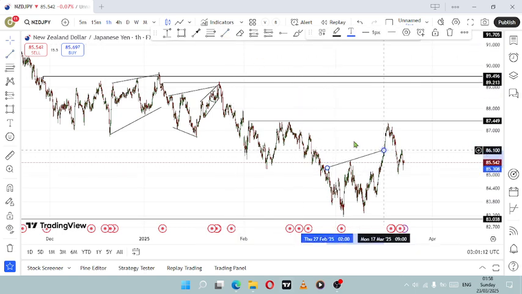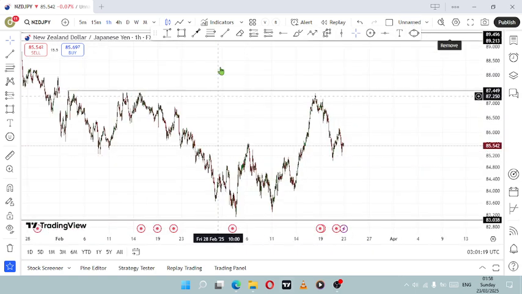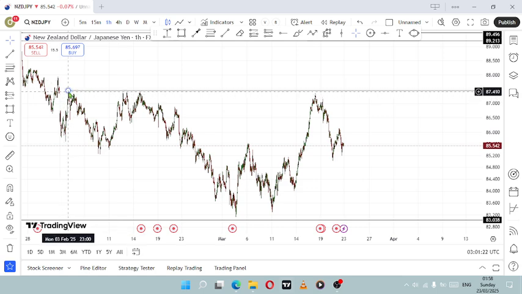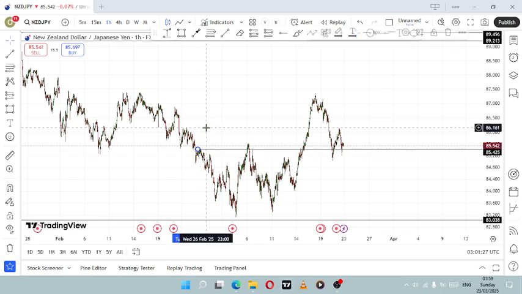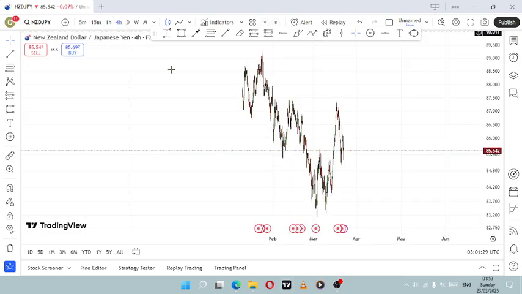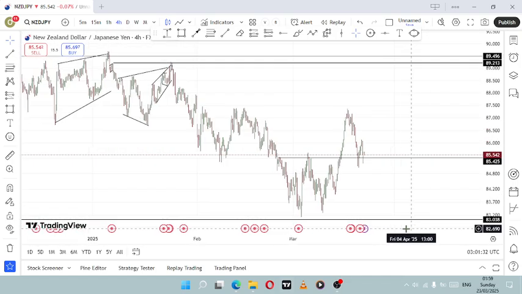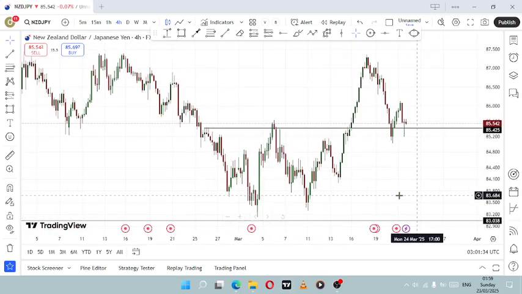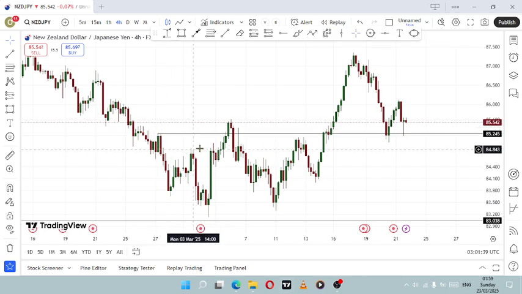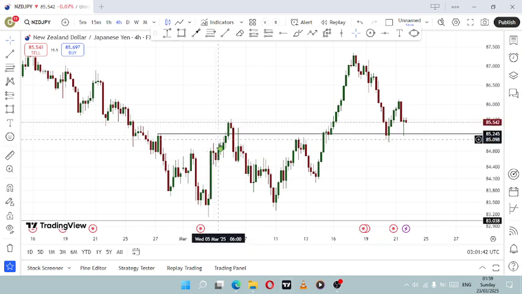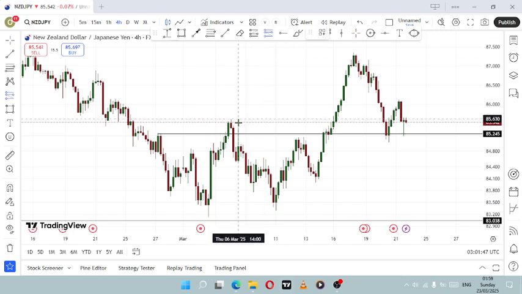I remember I said I had multiple opportunities within the structure. So here I think I position myself at this area. We left a gap. Price tapped into the structure, in the corrective structure. So I remember I said I had this entry here.